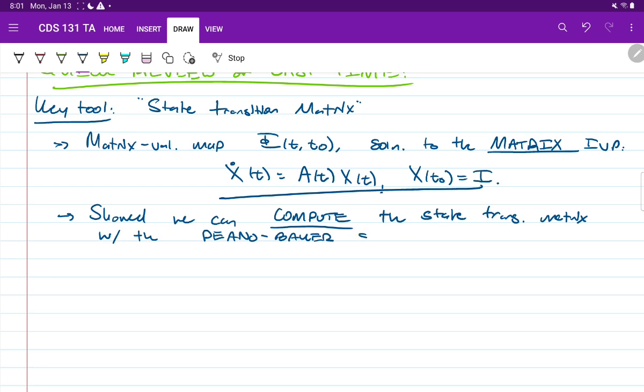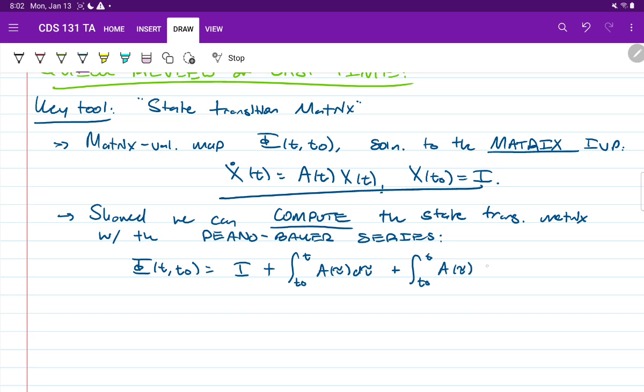Just as a reminder, if you write out the first few terms of the Peano-Baker series, phi of t comma t naught is the identity plus the integral from t naught to t of A of tau d tau, plus the integral from t naught to t of A of tau times the integral from t naught to tau of A of tau prime d tau prime d tau, and so on. We continue stacking more matrix integrals in here.